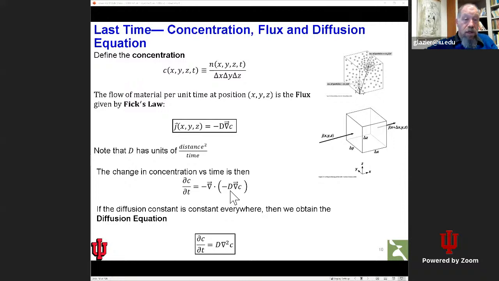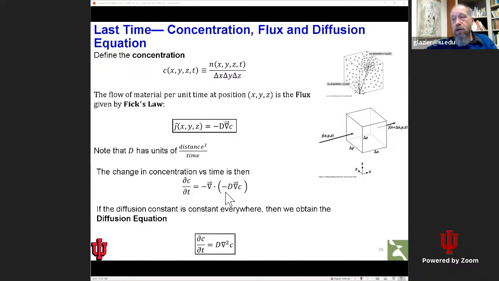If the diffusion constant is uniform in space in all directions, and it's the same everywhere, then I can move the diffusion constant outside of the derivative, and I get the classic diffusion equation, D times del squared c.